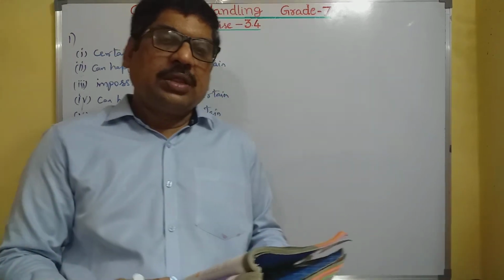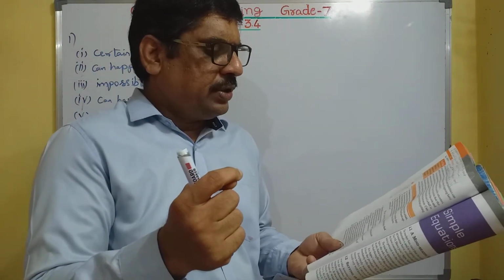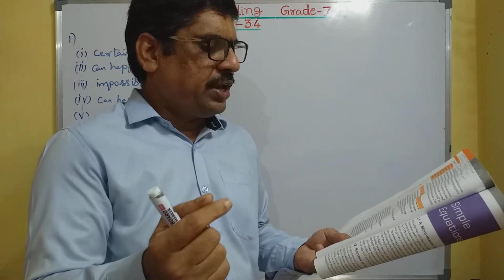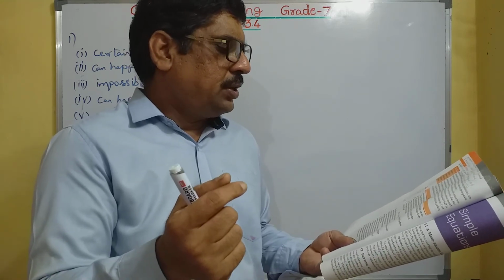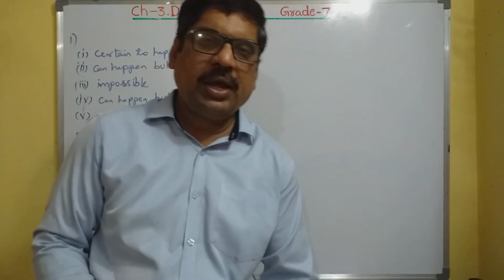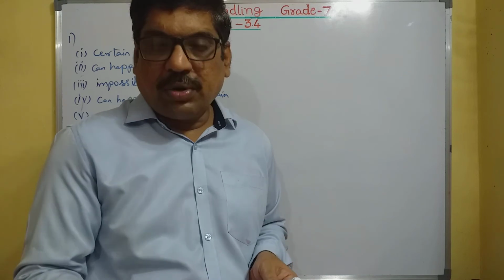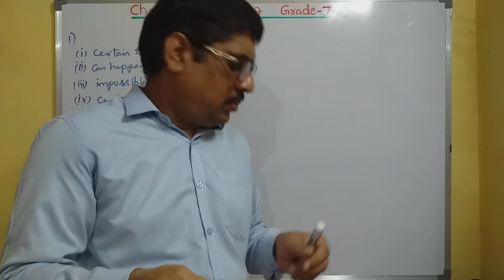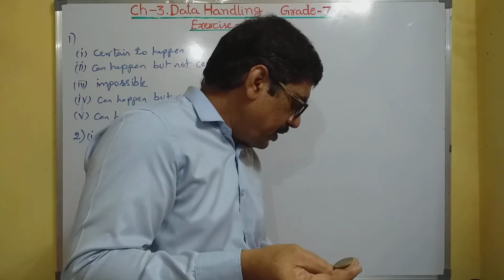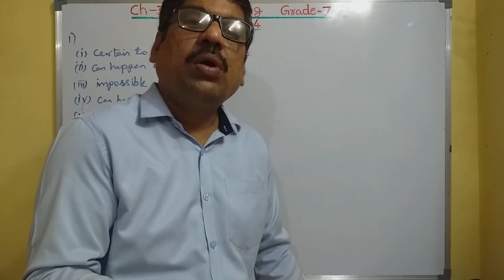Now, the third question, the last question. A coin is flipped to decide which team starts the game. What is the probability that your team will start? I have already explained that while giving the introduction for this topic. So when you toss a coin, the probability of getting head or tail is 1 by 2. Why?